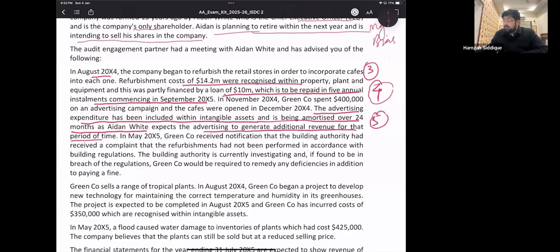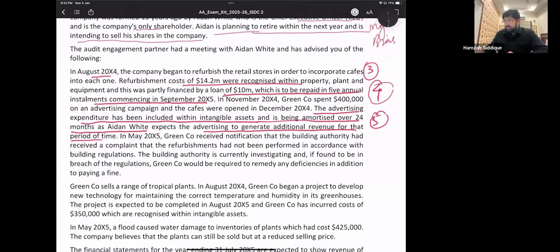Fifth, clearly incorrect treatment. Advertising cost, clearly IAS 38 says it cannot be capitalized. It should be expensed. It cannot be capitalized. Remember that. Clearly incorrect treatment.